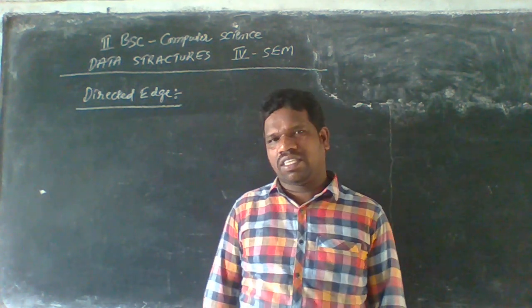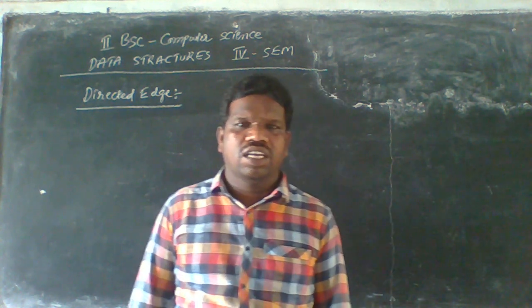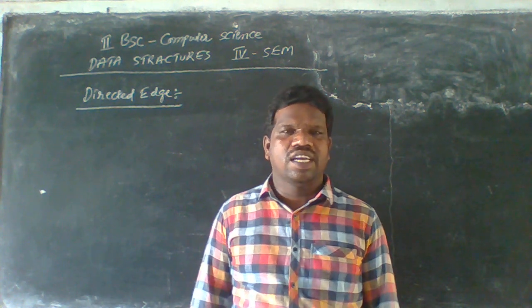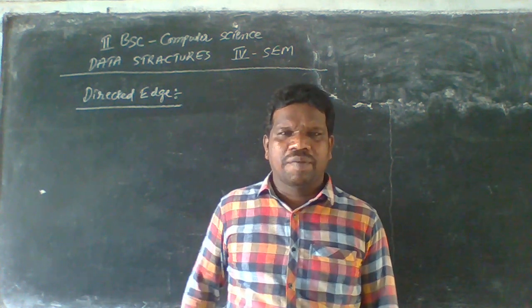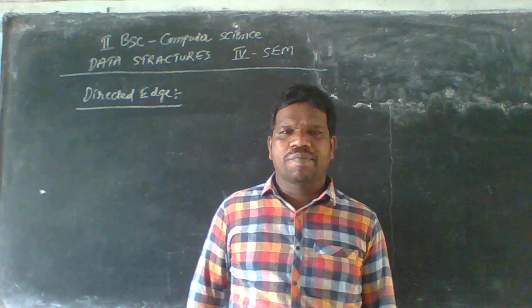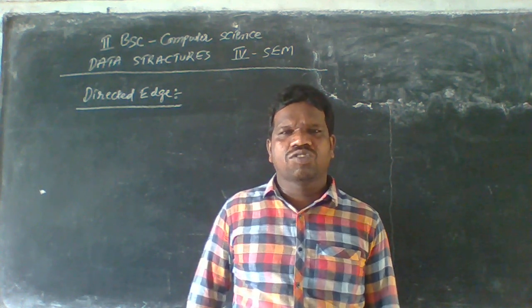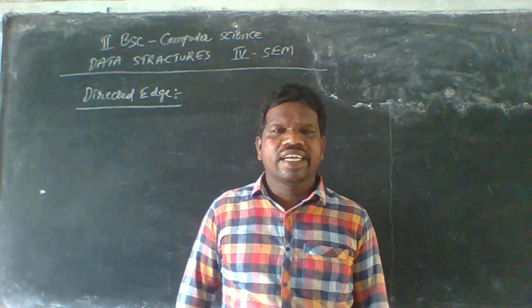In the previous session I talked about the graph, and this graph contains edges here, and I was representing the edges, but I was not representing any direction of that edge. That edge is known as an undirected edge here.